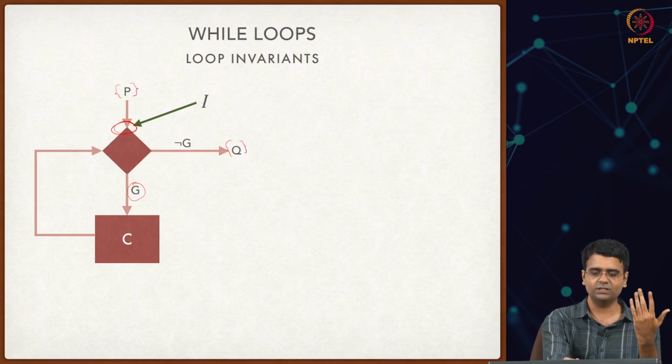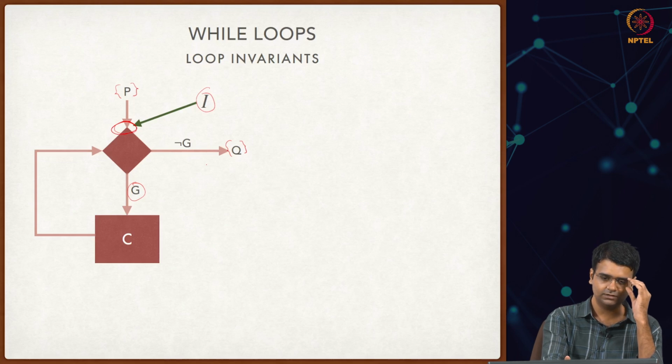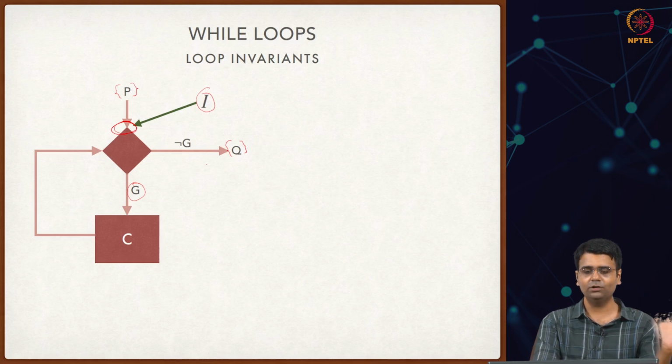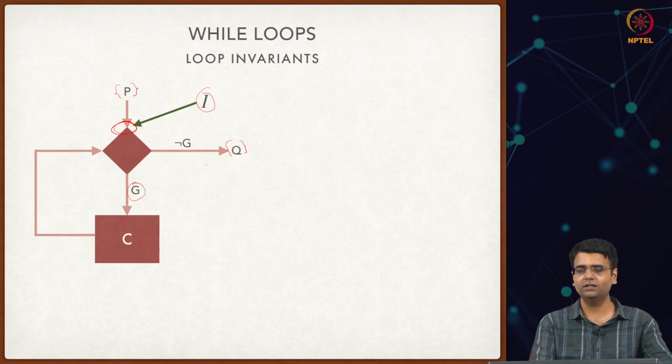Those program states will also be encapsulated by I. So I essentially encapsulates all those program states which are reachable at the beginning of any iteration of the loop, including the very first iteration. That's what I is going to encode, and we assume that I is going to be provided by the programmer.